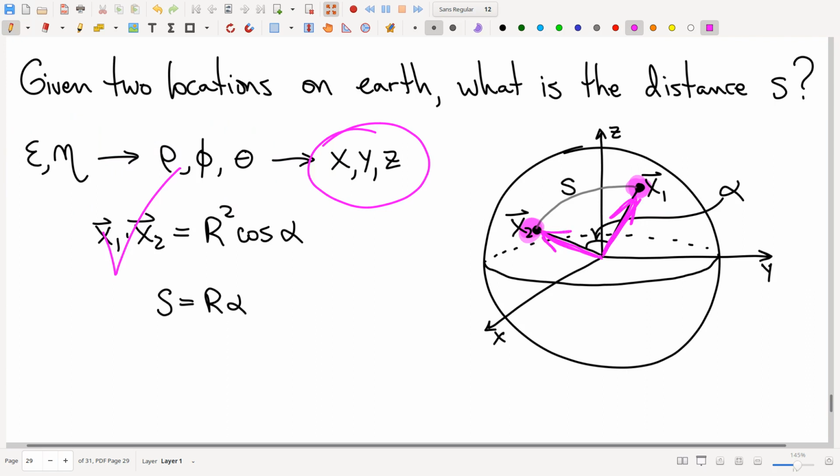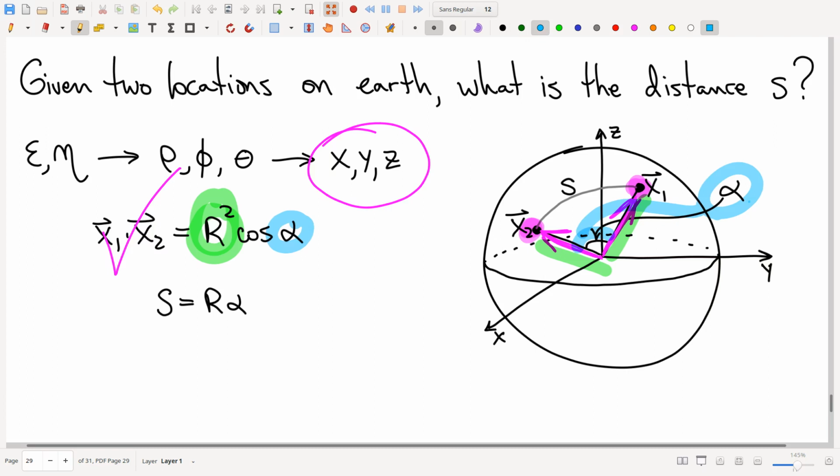Dot products are super easy to compute in rectangular coordinates. We also know that dot products can be computed as magnitude times magnitude, both of those are the radius of the Earth, times the cosine of the angle, which I'm going to call alpha.